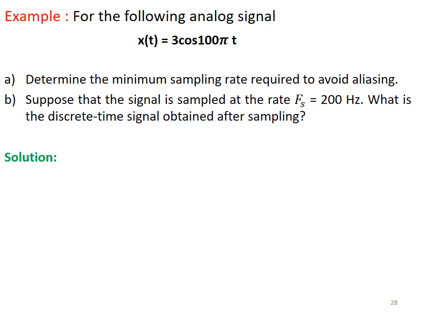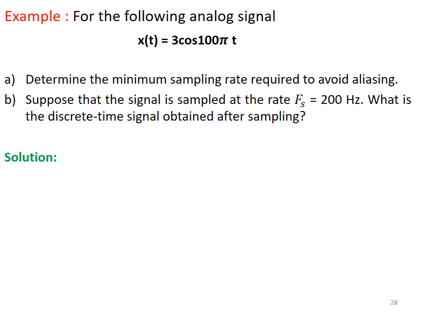Let us consider this very simple example in which we are given a continuous time signal 3 cos 100 pi t, and we have to determine the minimum sampling rate to avoid aliasing. And in part B, if the signal is sampled at the rate 200 Hz, what would be the discrete time signal? Solving part A first, the frequency of the continuous time signal is 50 Hz.